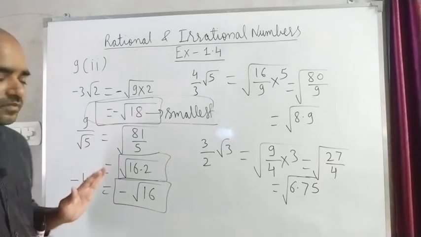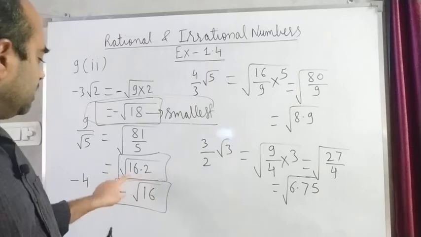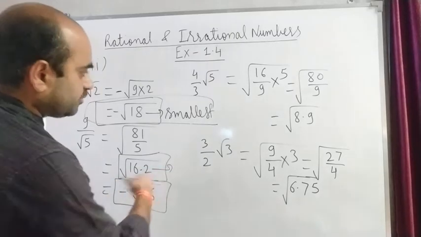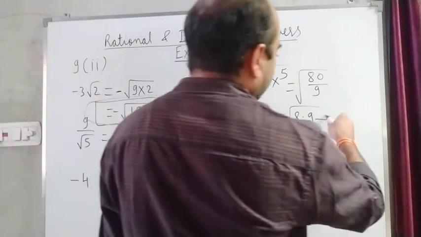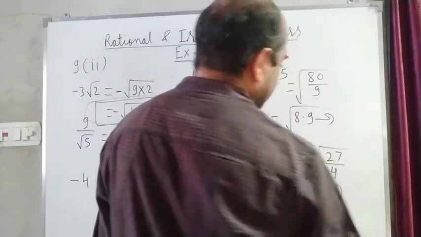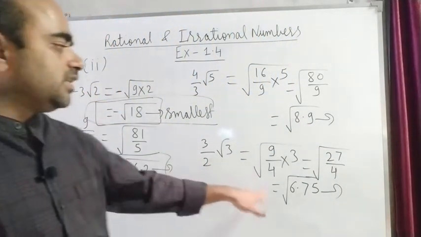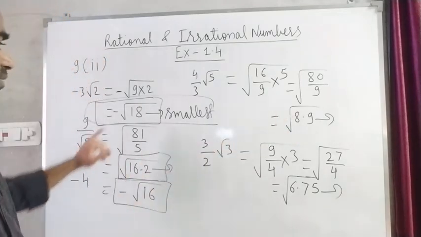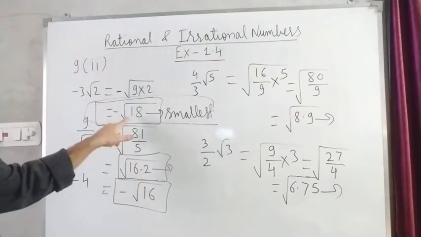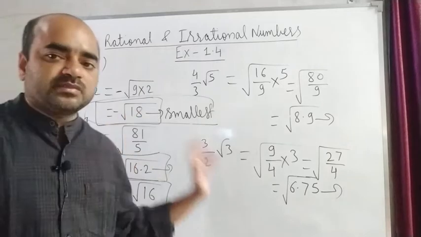Correct? The positive ones are root 16.2, root 8.9, root 6.75. We have two negative numbers and three positive numbers. Among the negative numbers, minus root 18 will be the smallest one.